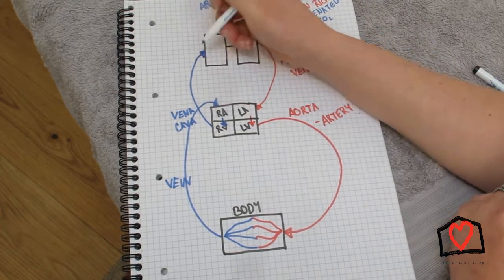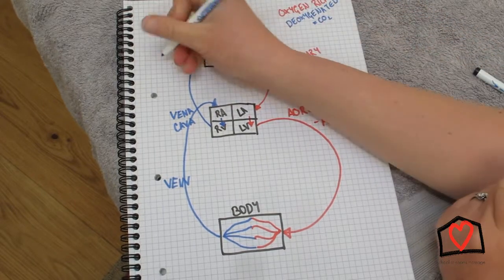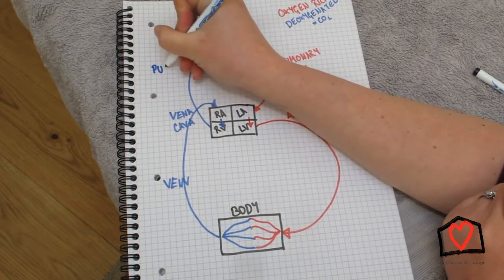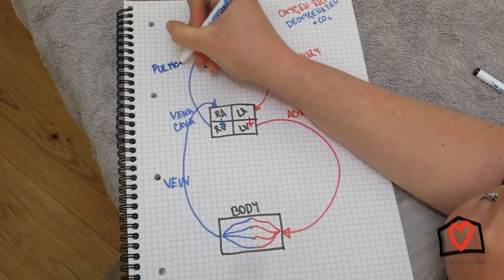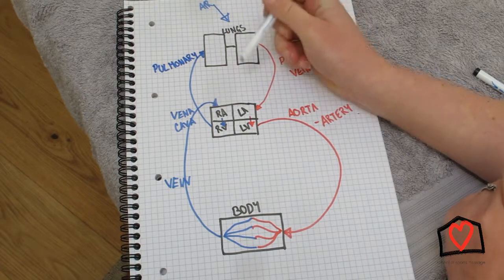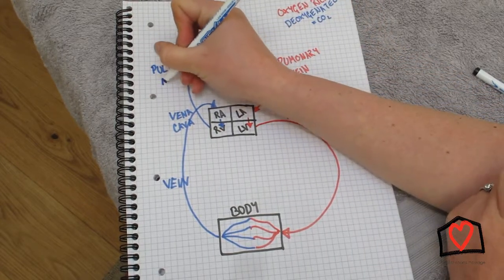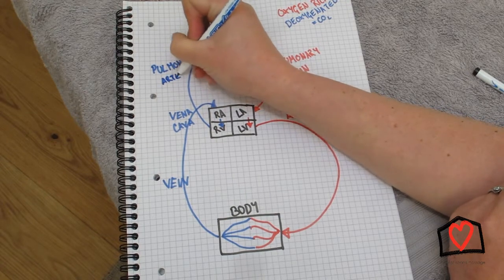So the name of this blood vessel, it's going to the lungs, so it's part of the pulmonary circuit. And it's going to be an artery. It's leaving the heart, A for away, so it's going to be the pulmonary artery.